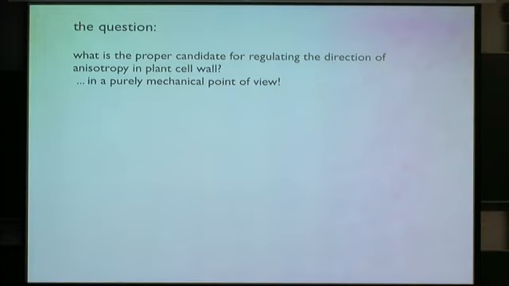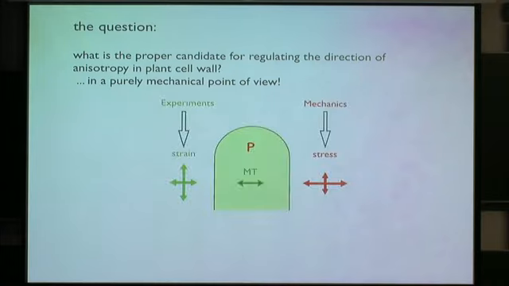Having this in mind, we ask this question: what's the proper candidate for regulating the microtubules from a purely mechanical point of view? If you look at the structure of this, it is a very schematic shape, because many parts of the plants include the stems, and the rest are really kind of dome shapes that are located on top of the organs.